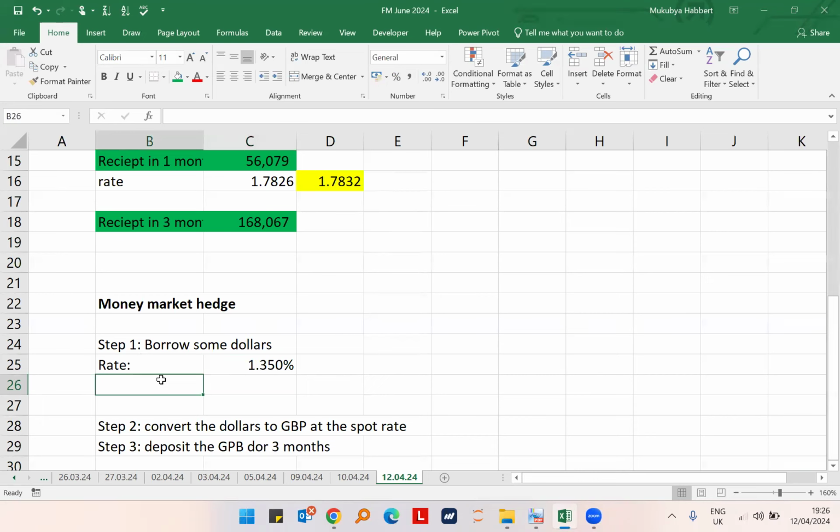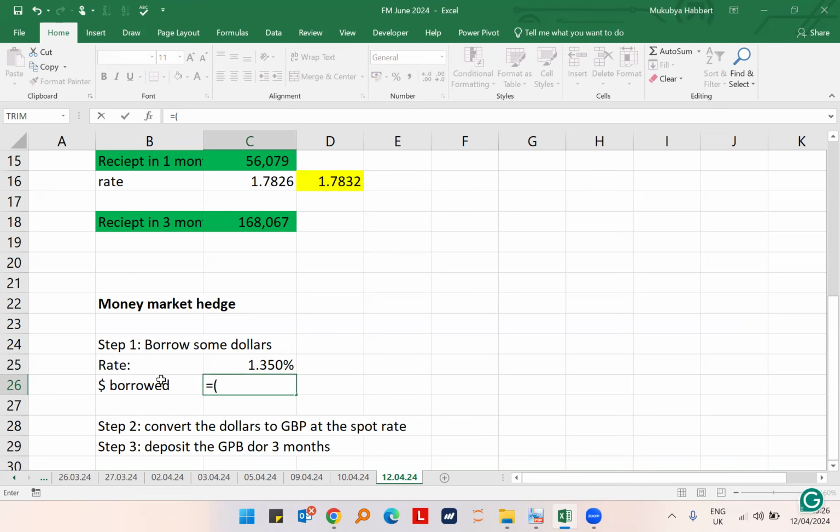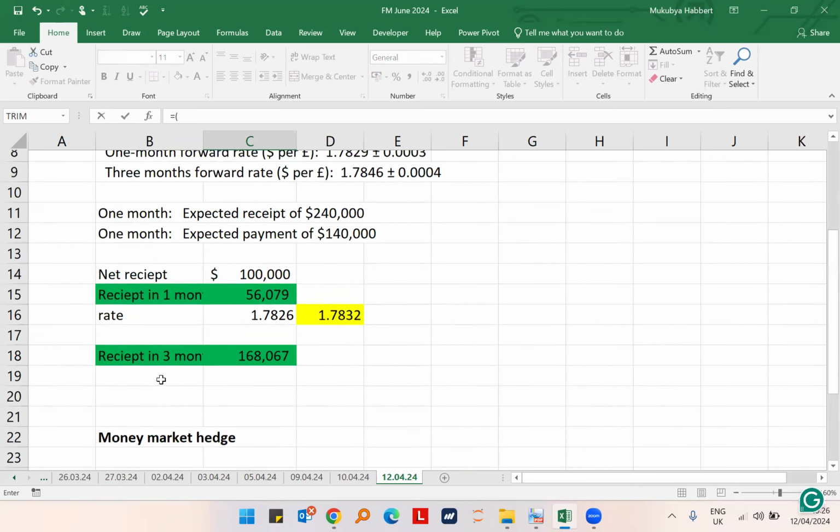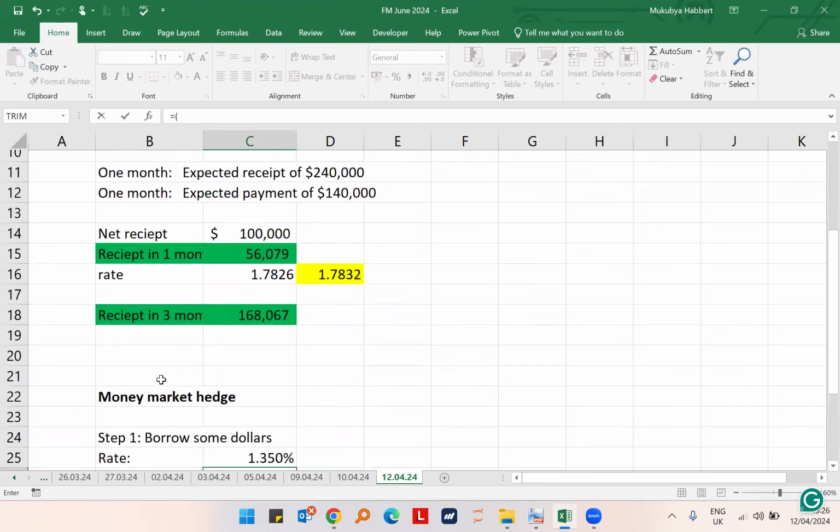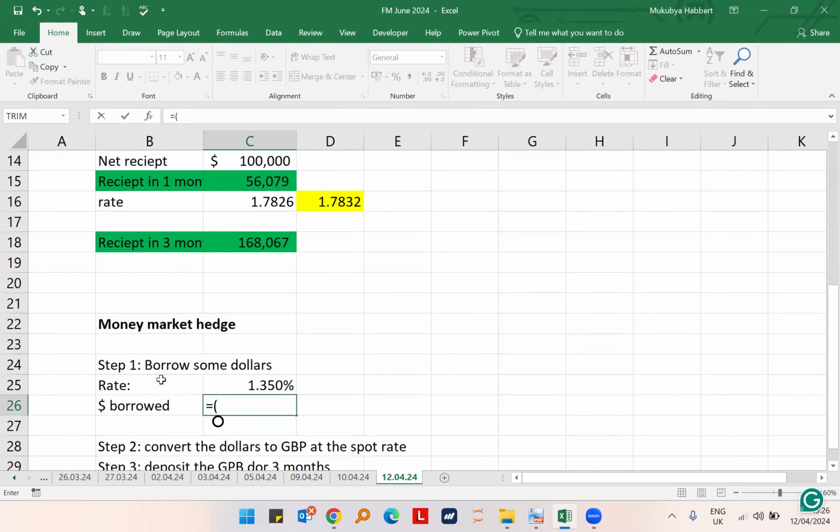So after knowing the borrowing rate, then you need to know the dollar amount to borrow. So you can just summarize it as dollars borrowed. Remember that we don't want to borrow exactly $300,000. We want to borrow an amount such that in 3 months' time it is equivalent to $300,000.